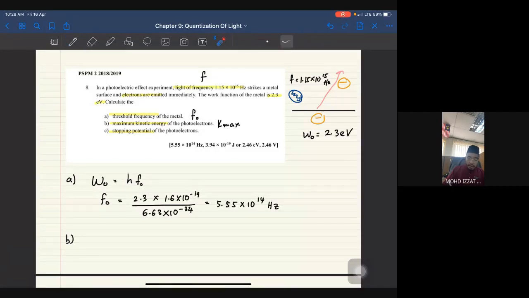So now you have energy over here. You don't have it yet, but you can calculate the energy over here. The energy of the metal is given.